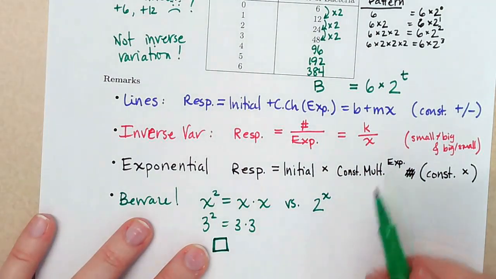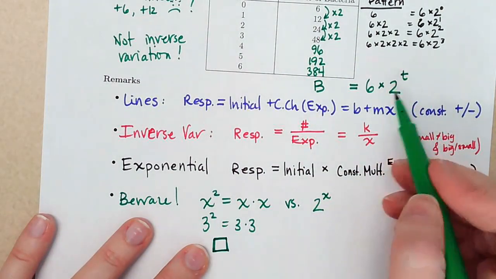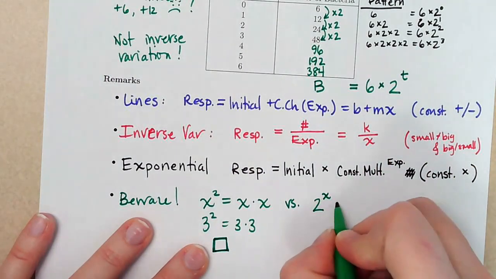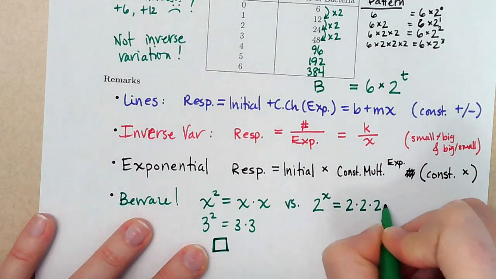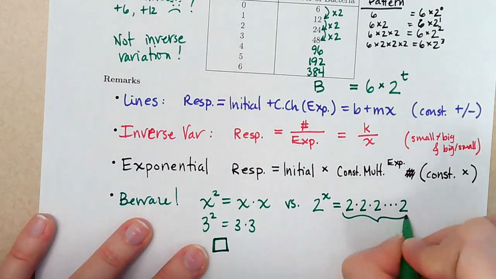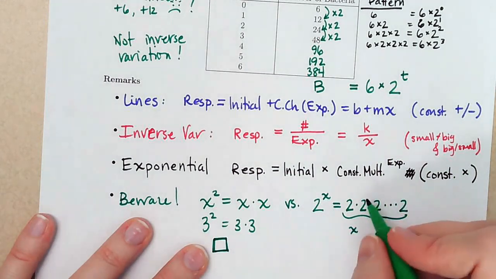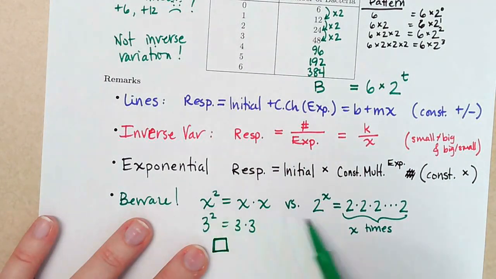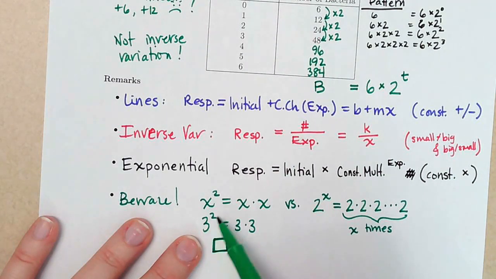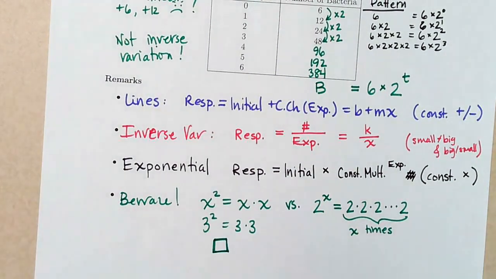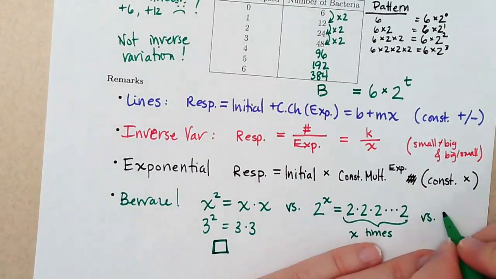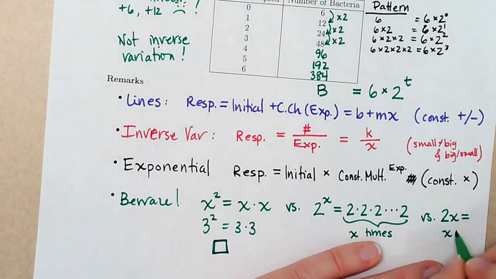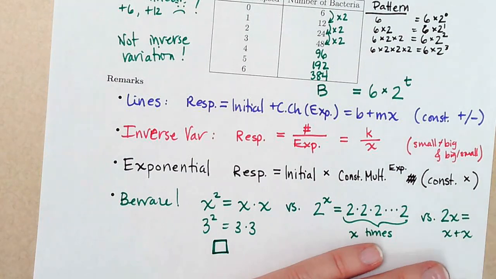If we put a variable in the exponent, we need to be careful not to flip these. This really represents 2 being multiplied times itself x number of times. And it doesn't represent 2 times x in either scenario. For instance, 3 squared is not 6. So maybe I would even write that versus 2x, which is really x plus x, or x added 2 times.